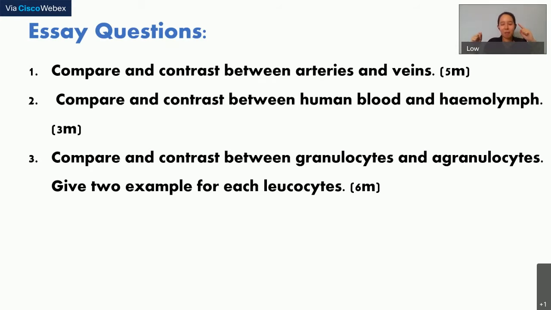Agranulocyte never eat banana. What's that? Agranulocyte is like monkeys. 6 marks. You give 2 examples for each and you get 2 marks. The remaining 4 marks will be you give a difference between granulocyte and agranulocyte. So 1 mark, 1 mark, 1 mark.